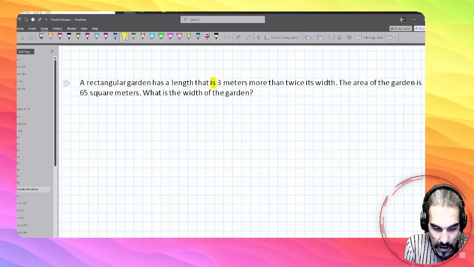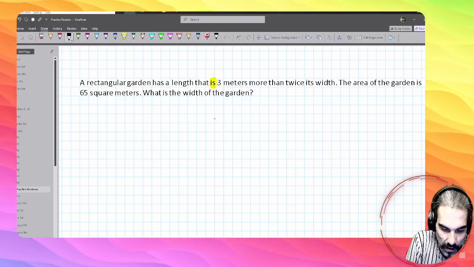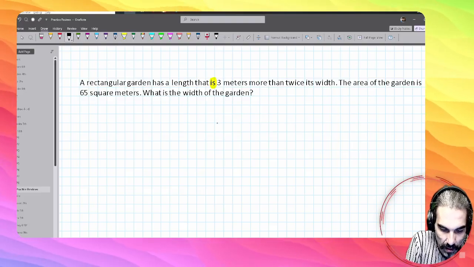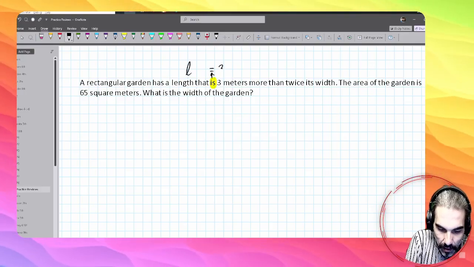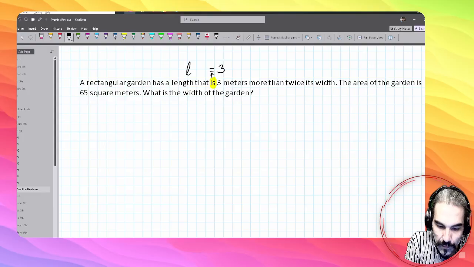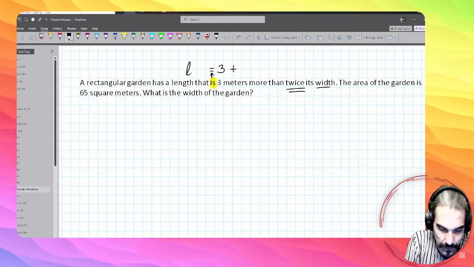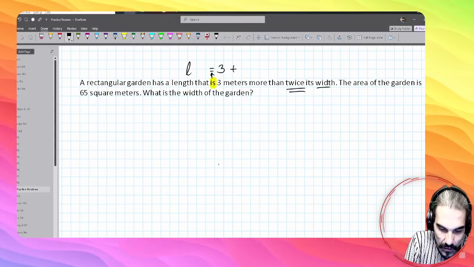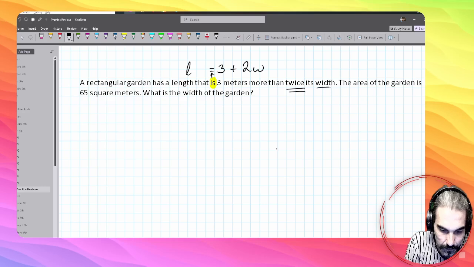It would be parentheses 3 plus 2W. So okay, starting and building it up. So L is 3 plus 2W.